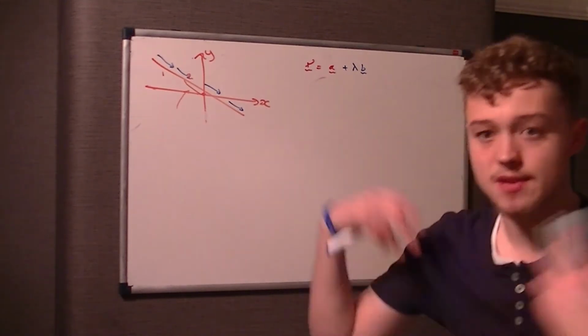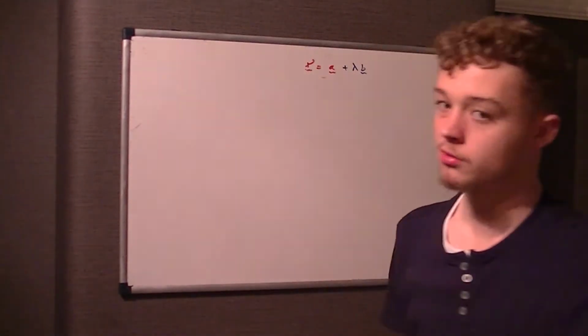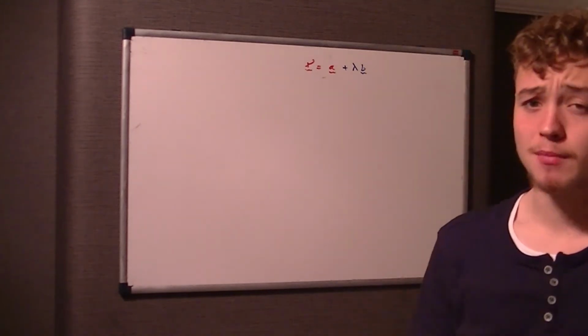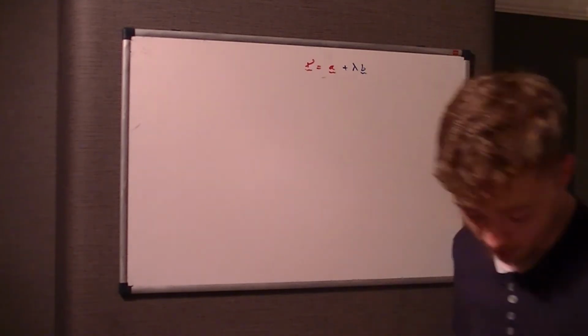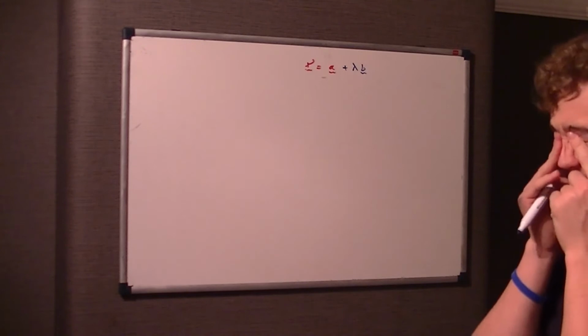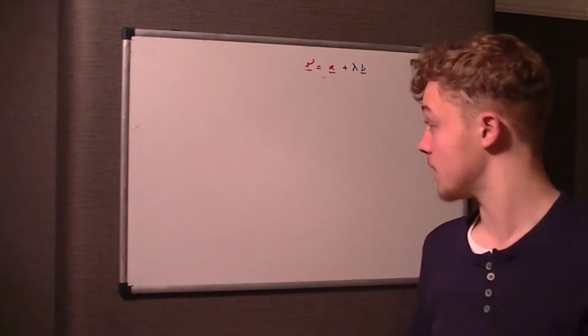Okay, so that was just a bit of C4 stuff. As I said, there's a proper video on that. So why am I showing you this? Well, this is very similar to what we're going to be talking about next, when we go on to finding velocity given speed and direction.